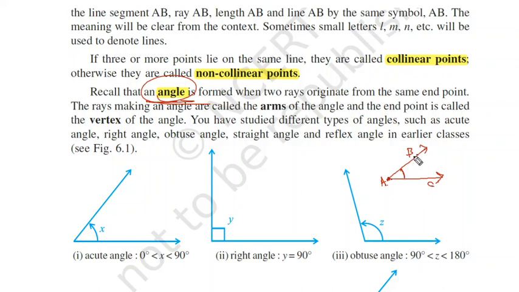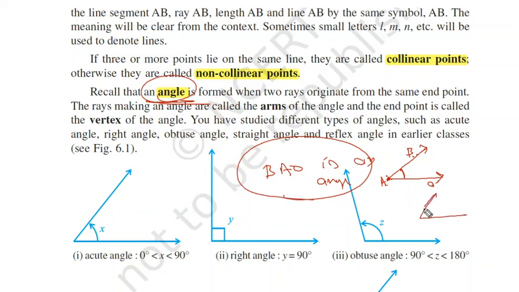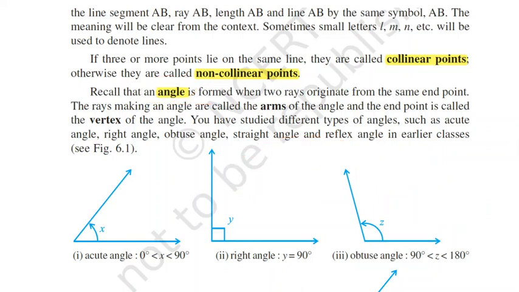Then we can say angle BAO is an angle, or we write it in symbolic form. This is the symbol of angle: angle BAO. That means we are starting from B to A, then finally O. So angle BAO. Now, in an angle there are several parts.